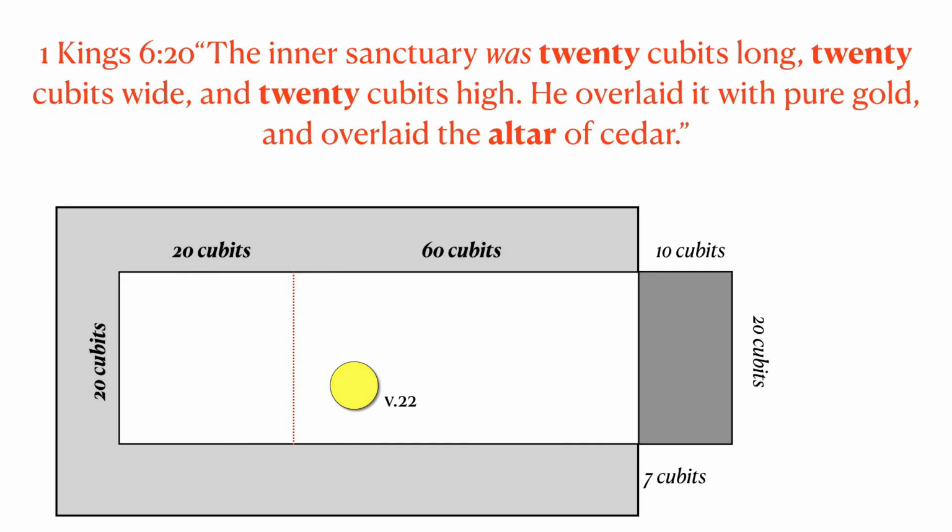The inner sanctuary was 20 cubits long, 20 cubits wide, and 20 cubits high. He overlaid it with pure gold and overlaid the altar of cedar.